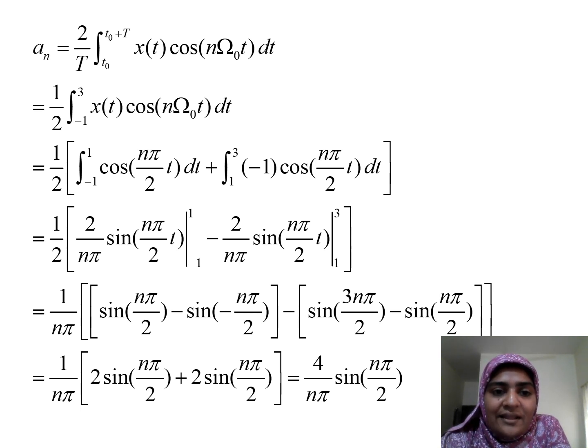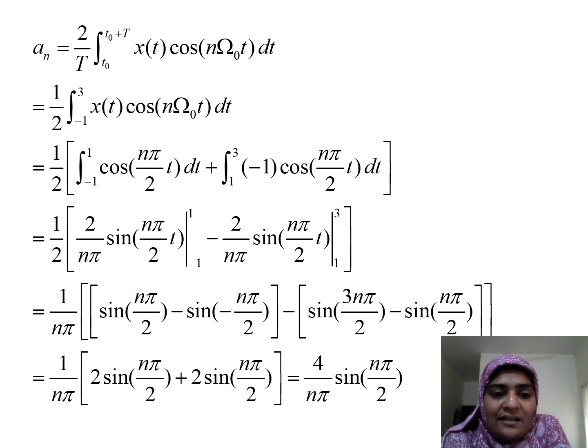An is 2 by T integral x of t cos n omega 0 t dt. So we are integrating from minus 1 to 3 and splitting the integration into minus 1 to 1 and 1 to 3, and giving the values of x of t. From minus 1 to 1 the value is 1, and from 1 to 3 the value is minus 1.